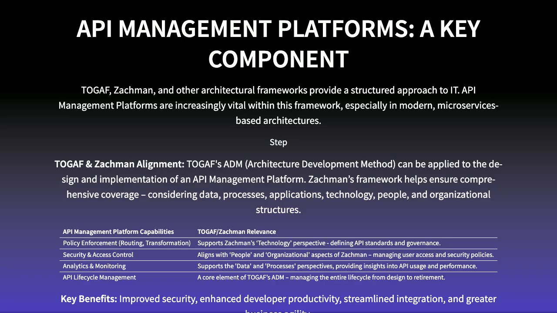These platforms align with the different perspectives in Zachman's model, ensuring you're covering everything from technology to people and processes. And because TOGAF emphasizes managing the entire life cycle of architecture components, API management platforms are a critical element in that process too. Essentially, they help you build more secure, efficient, and adaptable systems.